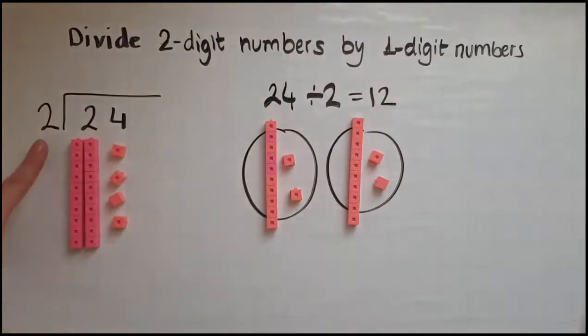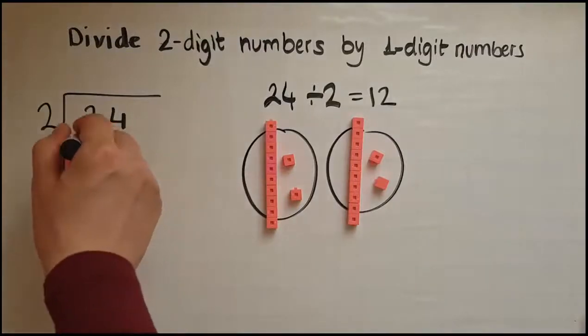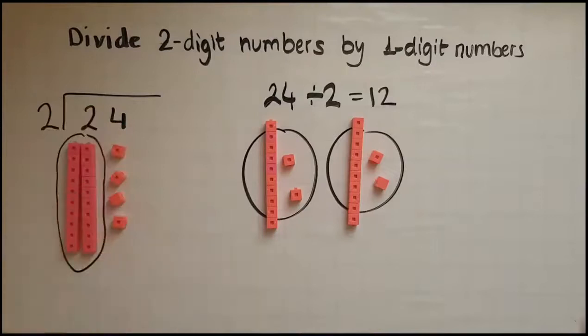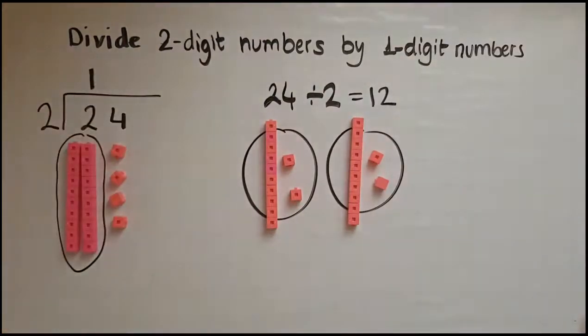So that means I'm creating sets of 2. For the 10s, which is represented by a 2 there, meaning 20, I want to create a set of 2, so 2 inside, and I can only create one set of 2. So I have 1, 2 in there. That's why I'm going to put 1 at the top, one set.